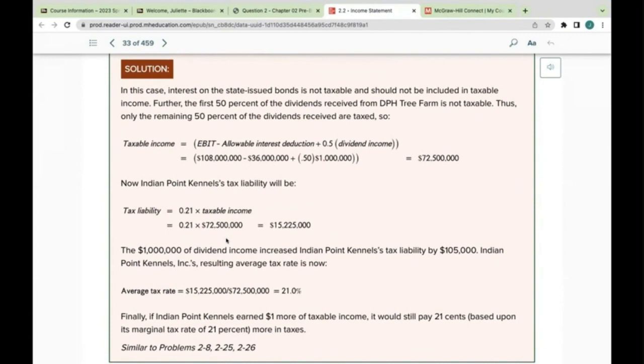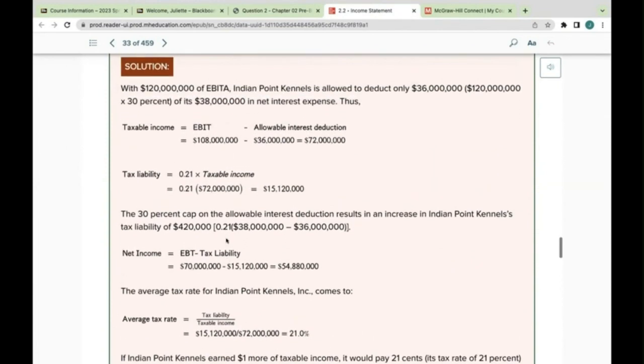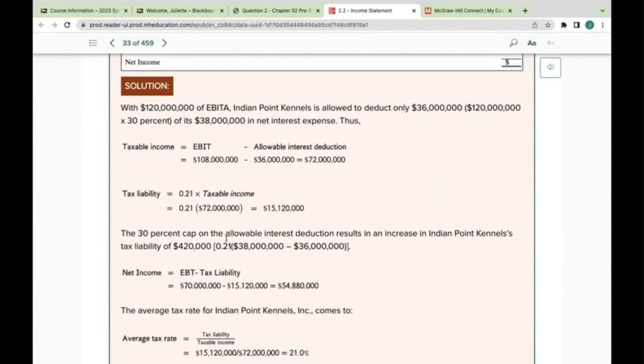Look, it's not even EBITDA, it's EBIT. Now this is EBIT without depreciation, but EBITDA is just EBIT plus depreciation and amortization.